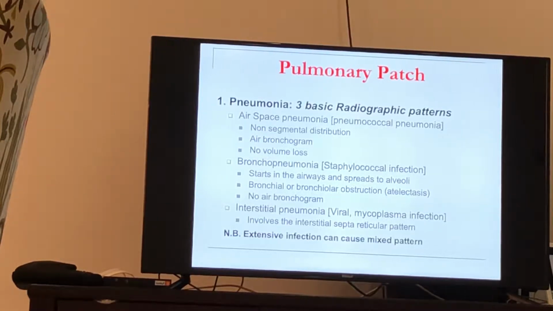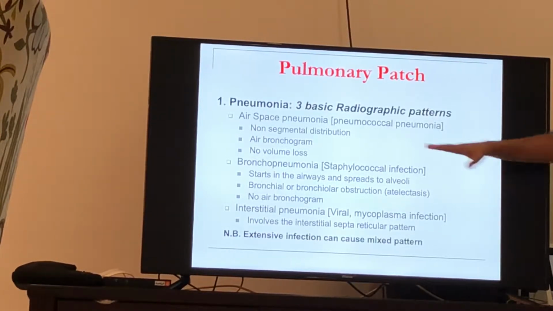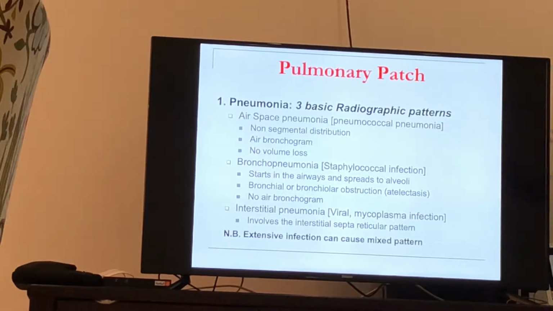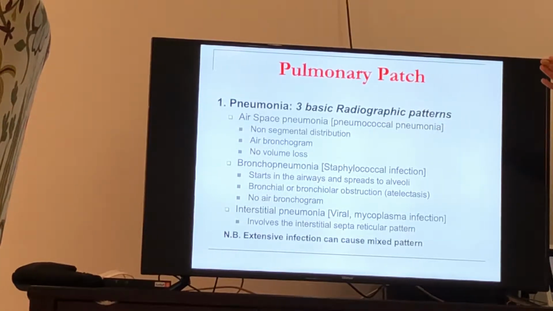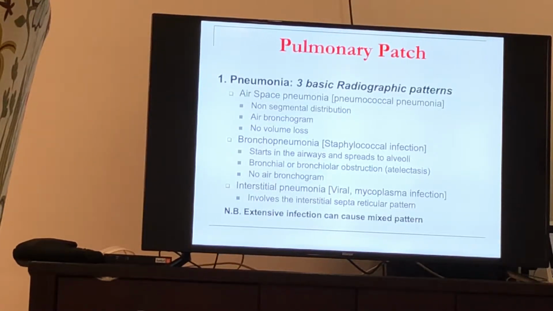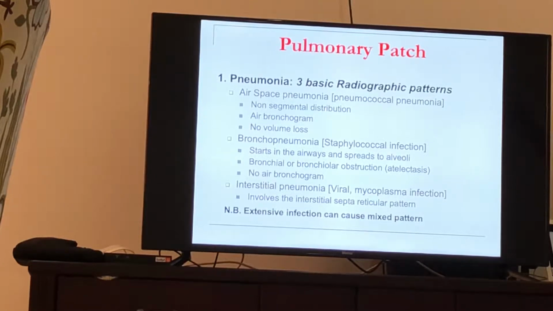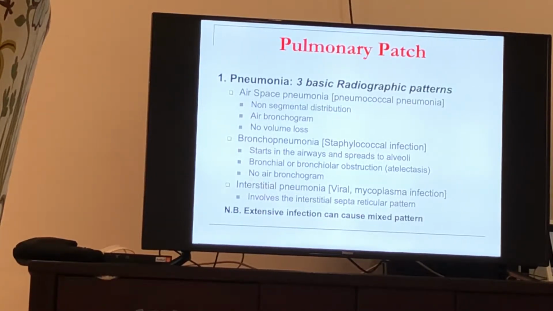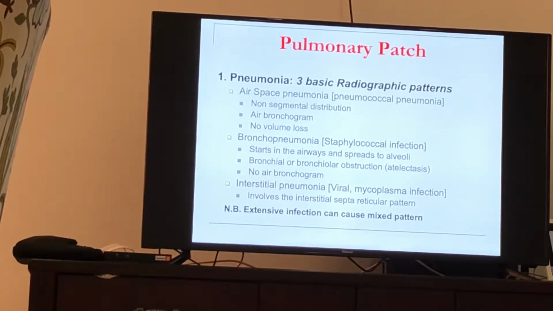Okay. What I did is I just brought in the new classifications. So it could be an airspace, meaning lobar pneumonia, regardless of whether it's pneumococcal or any other organism. It could be a bronchopneumonia, multiple patches related more to the airways, so more central than peripheral. Or it could be an interstitial pneumonia, like the ones we see more commonly with viral or atypical infections.